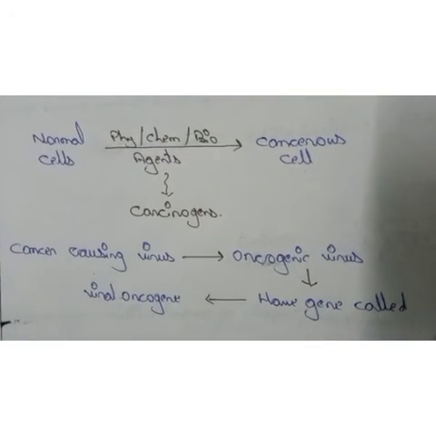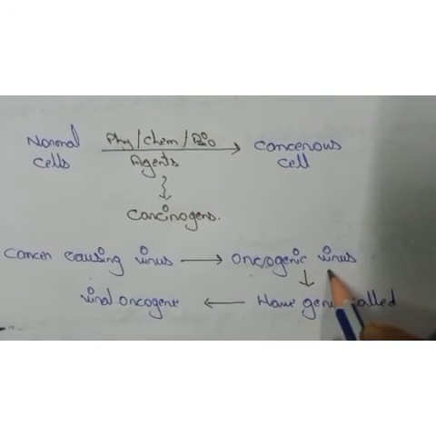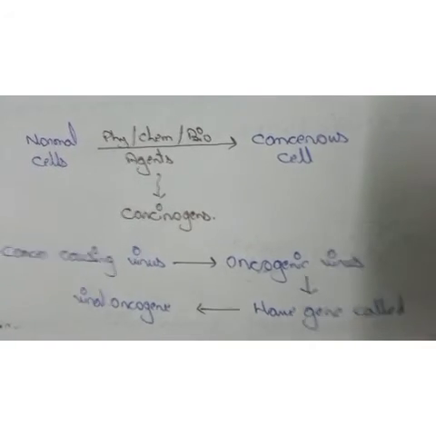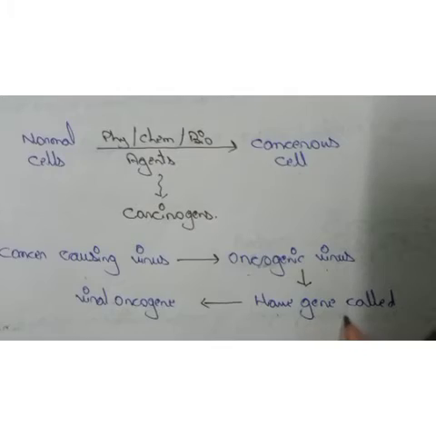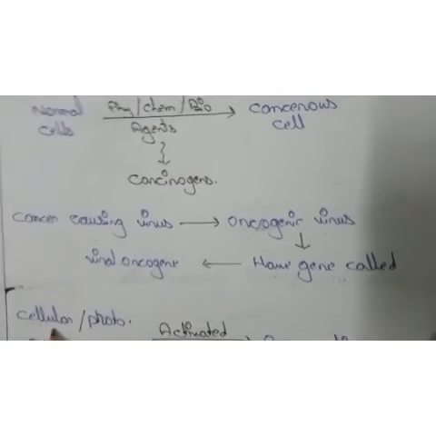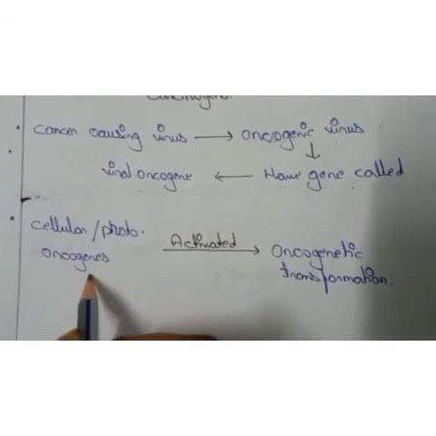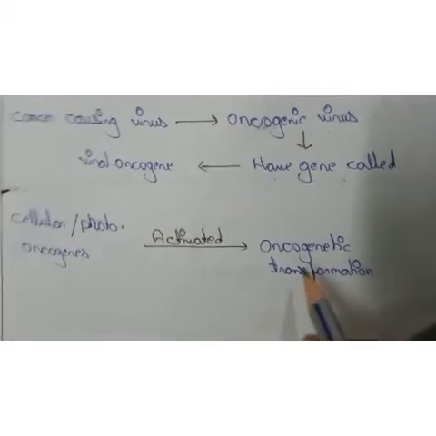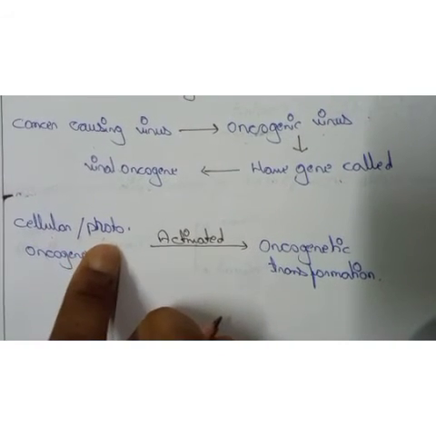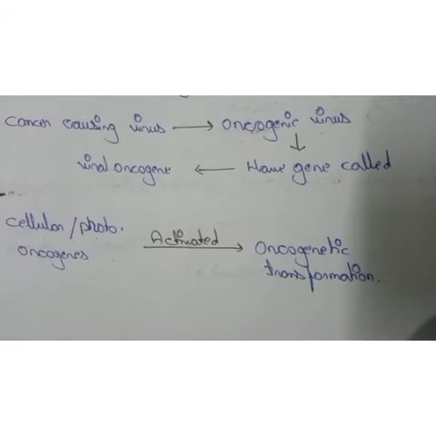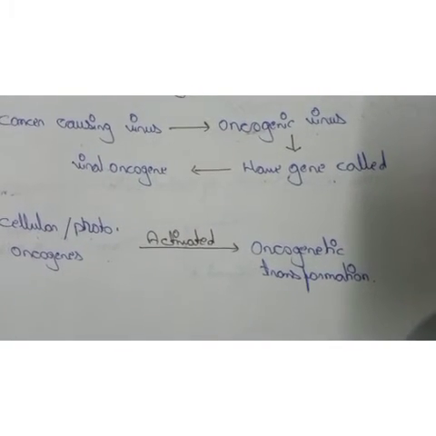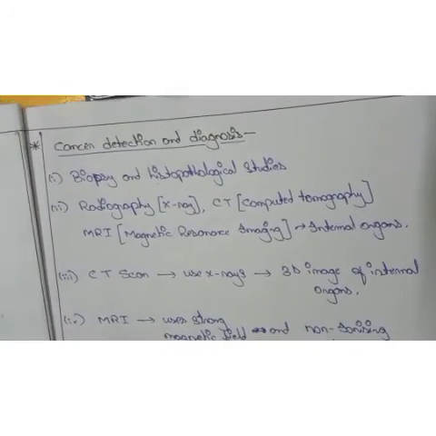Cancer causing viruses are oncogenic viruses. They carry genes called viral oncogenes. Cellular proto-oncogenes are activated when the oncogene transformation occurs.